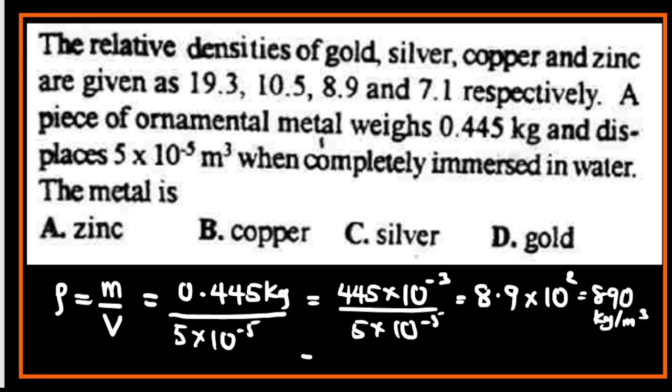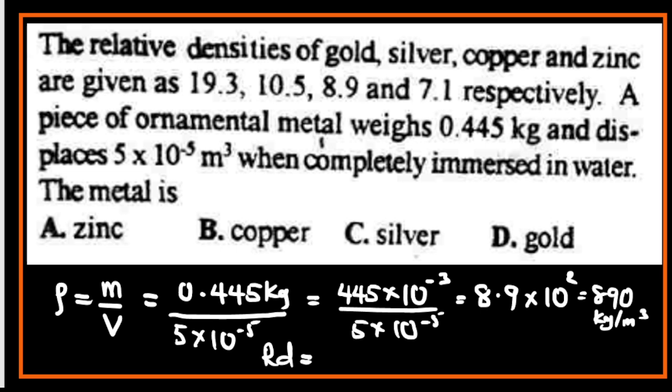So what does that mean? If you divide that by 1000, that's going to mean the RD is what? Wait, let's check that out properly. This should be 8.9 times 10 raised to what? 2. So this is supposed to be 0.89? Did I manage that well?